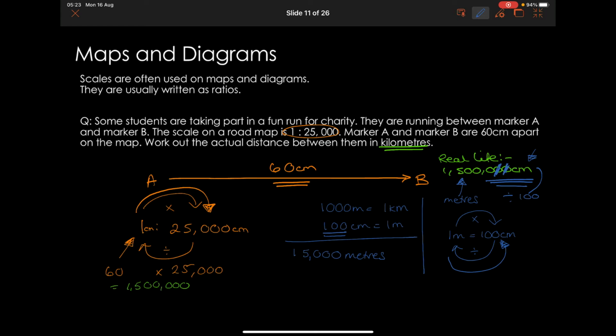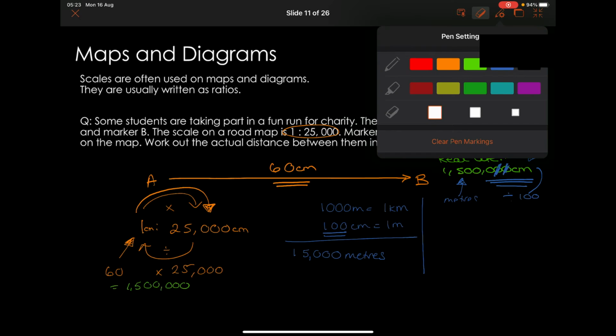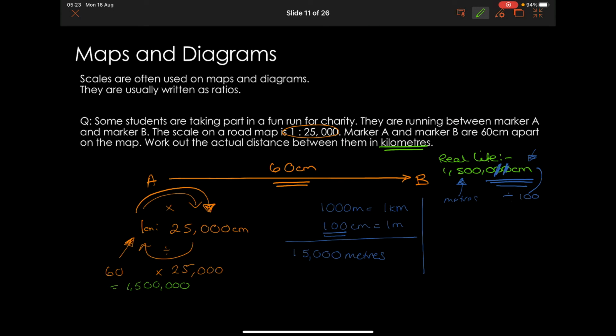Now what I'm going to do is put it into kilometres. So I'm going to take away that diagram. And I'm going to say, well, I know that 1 kilometre is 1,000 metres. Draw in your arrows, times, divide. If I'm in metres, which I am, I'm on this side, and I want to get to kilometres, again, I'm going to divide by 1,000.